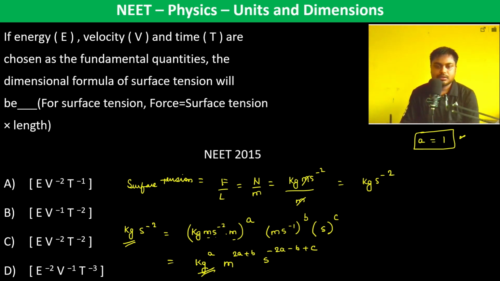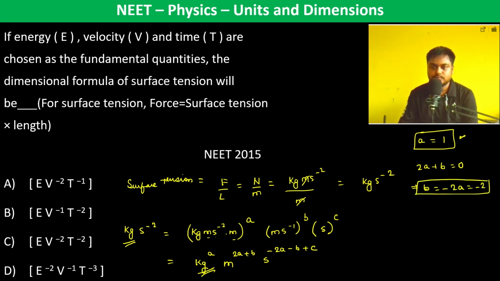Then meter is 0, so therefore 2a plus b is 0, so therefore b is equal to minus 2a, which is minus 2, and minus 2a minus b plus c is equal to minus 2, so therefore minus 2 plus 2 plus c is equal to minus 2, so therefore c is equal to minus 2.